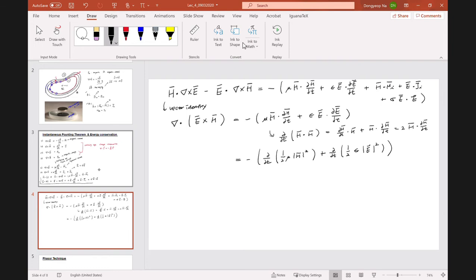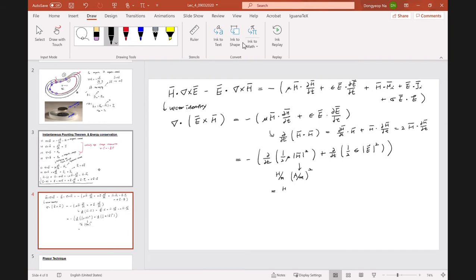Then, in order to find the physical significance, it is good to investigate their dimension or unit. For example, what is the unit of the magnetic field intensity? It's amperes per meter, squared, and mu, the permeability, has the unit of henry per meter.